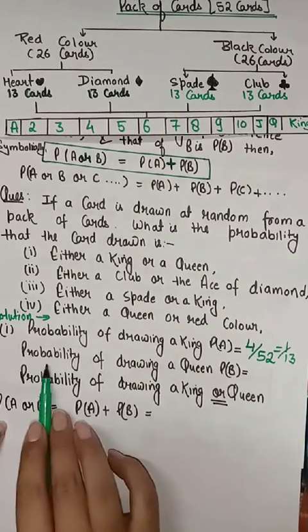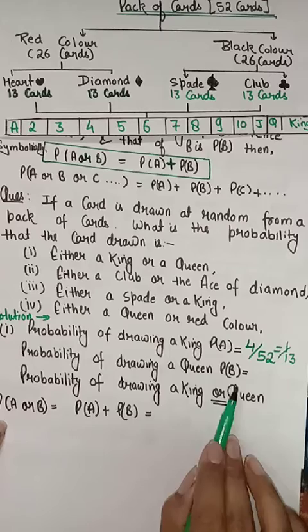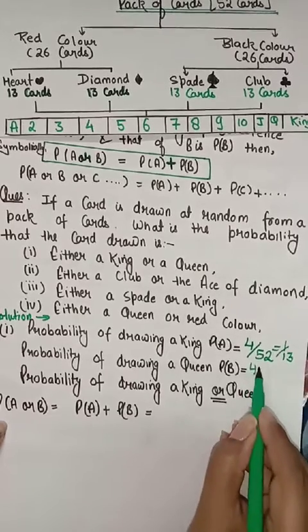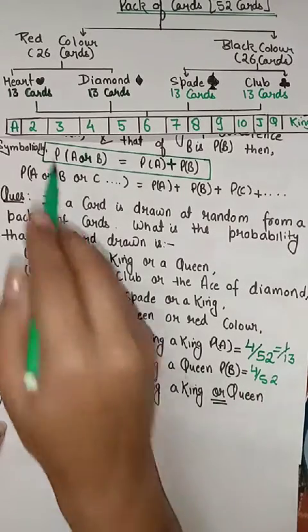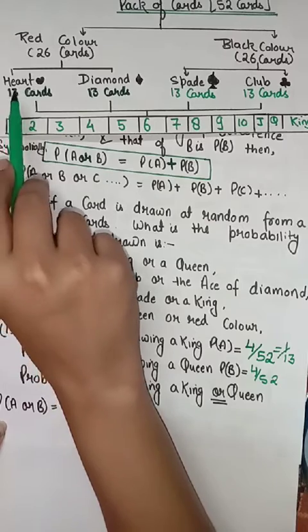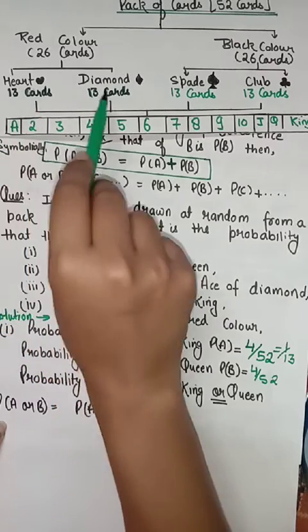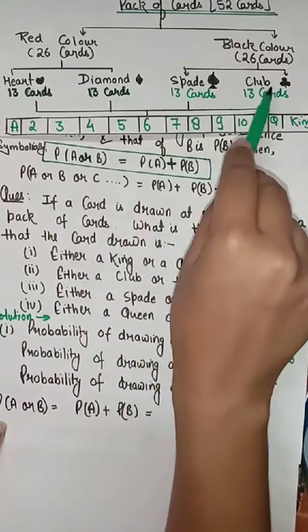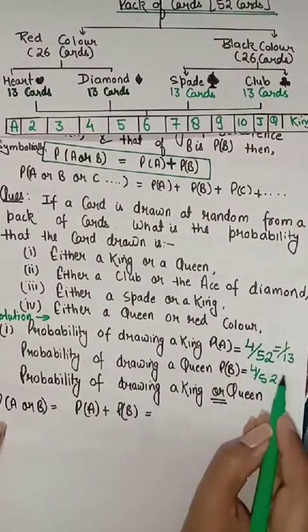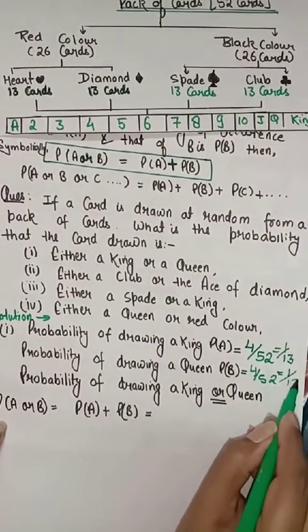Similarly, the probability of drawing a queen would be 4 by 52, as there is a queen in hearts, diamonds, spades and clubs, so the probability is 1 by 13.